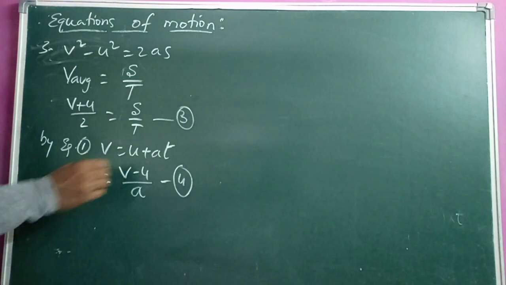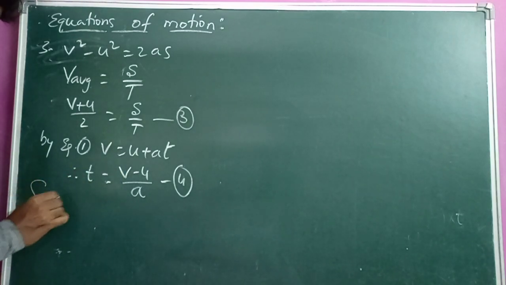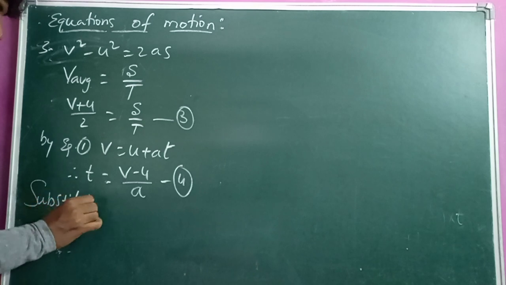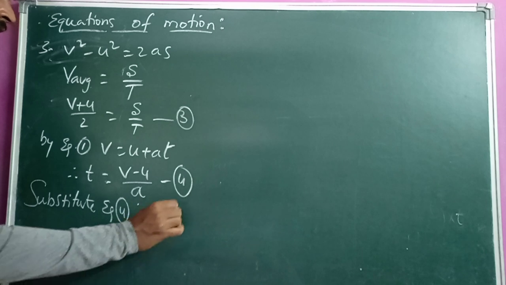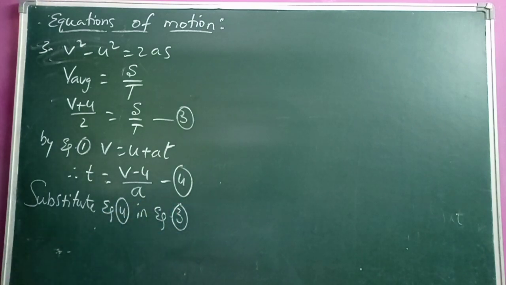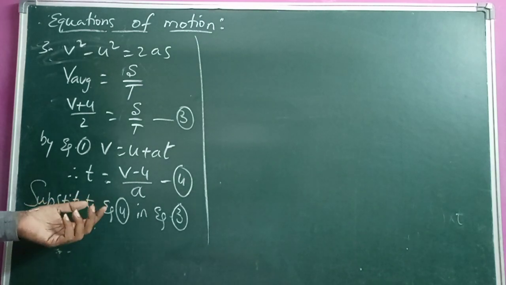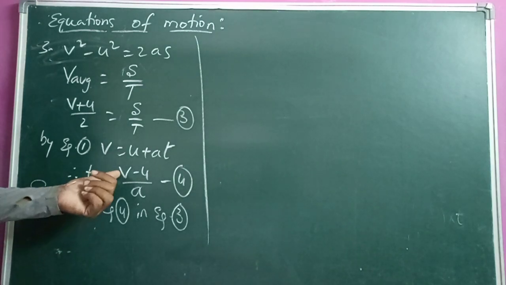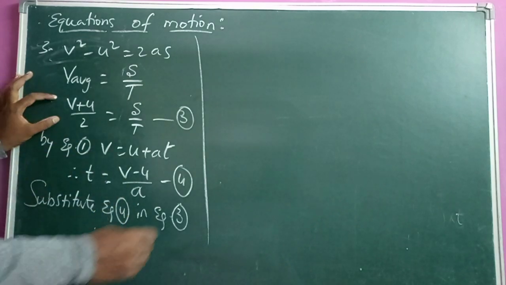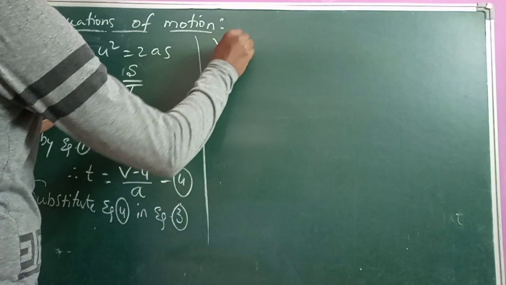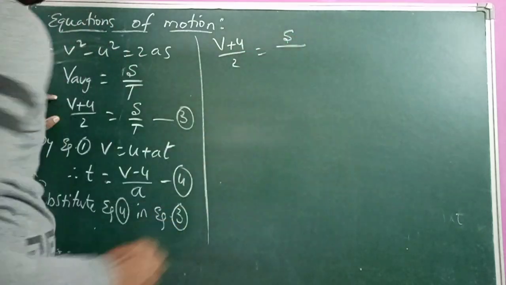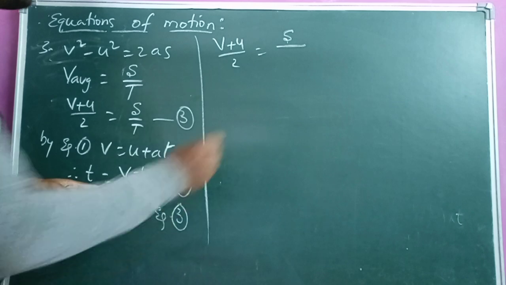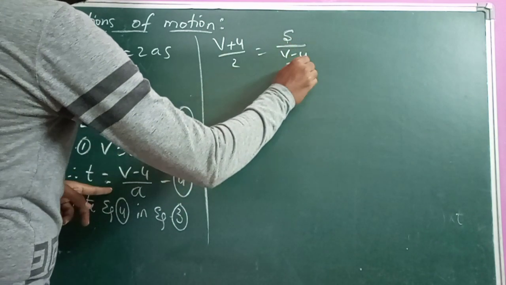Okay, substitute equation 4 in equation 3. So that instead of t we can write (v minus u) by a. So write equation 3 as it is: (v plus u) by 2 is equal to displacement by time taken, and t is equal to (v minus u) by a.